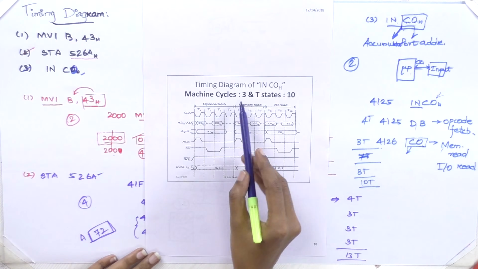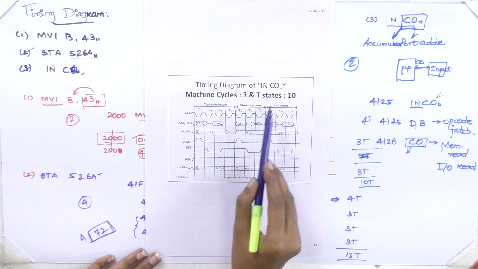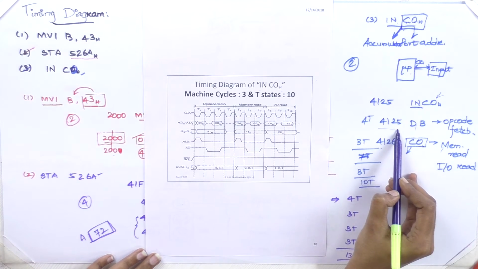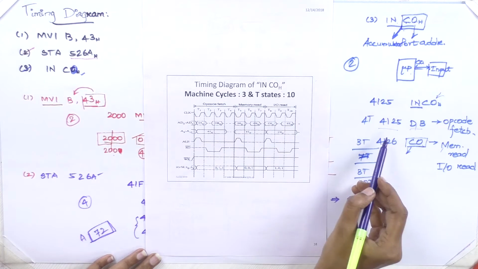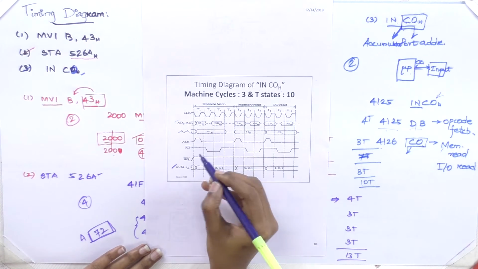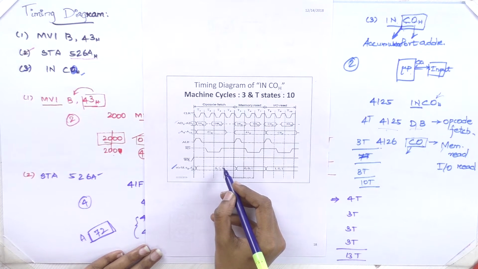This is the timing diagram of the IN C0 instruction. As I have told you, the address of this instruction is 4125. To read the opcode, this address is required, so that is put on the corresponding address lines, and the control signals have the value 0, 1, 1.